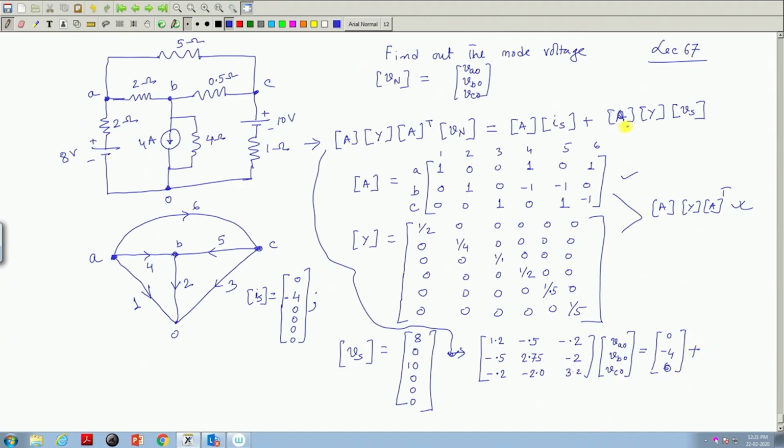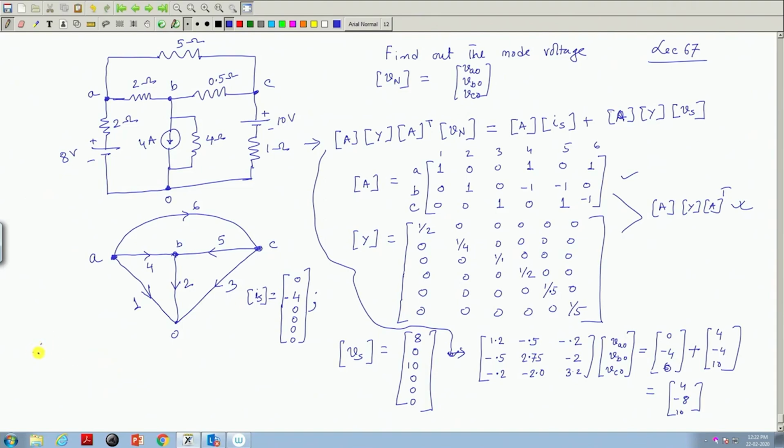A into IS and A into Y into Vs comes out to be finally 4, minus 4, 10. Got the point? Therefore, these two can be added. Just adding this, right hand side is a column vector 4, minus 8, plus 10.